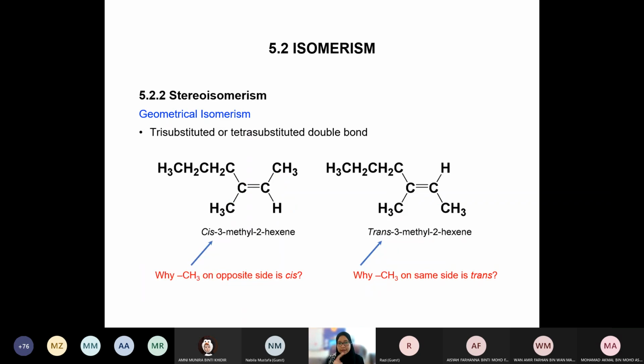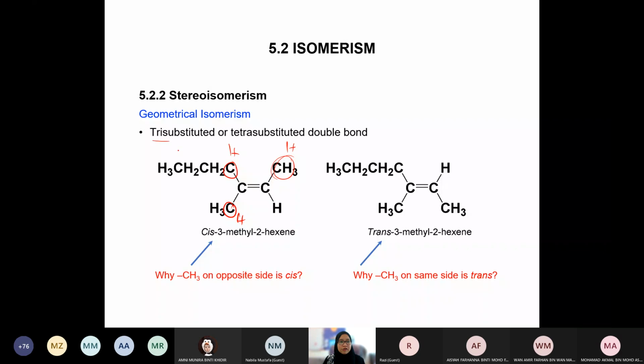What if we have this type of molecule? I would say this is also quite easy because you can compare in terms of... okay, wrong. Never mind, ignore what I just said. Another example is this tri-substituted or tetra-substituted double bond. The reason it is called substituted is that normally this one is H, but now it is being replaced with this bulky group.